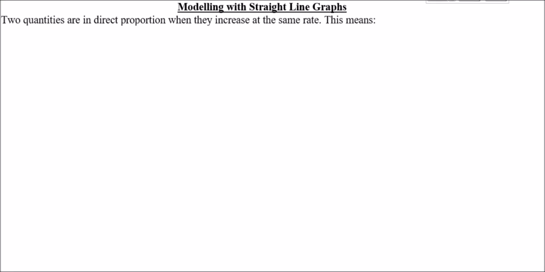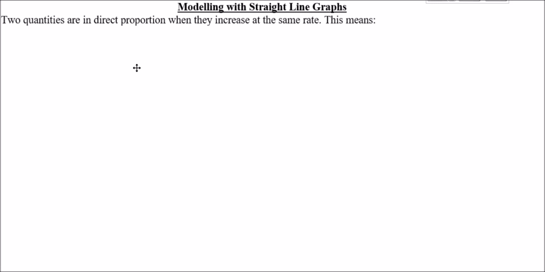Now the main bit of the lesson, modelling with straight line graphs. So let's just run through a few basics on this point. Two quantities are in direct proportion when they increase at the same rate. Just before we get started, if it's a straight line graph, it's not necessarily the case that they're in direct proportion.